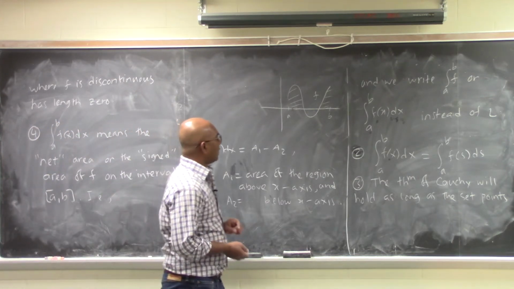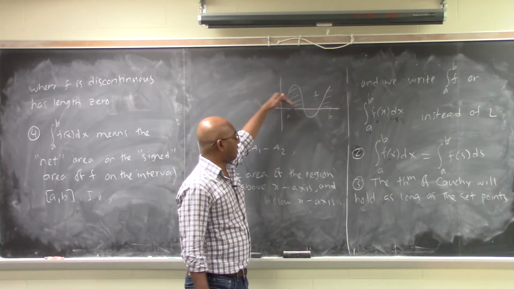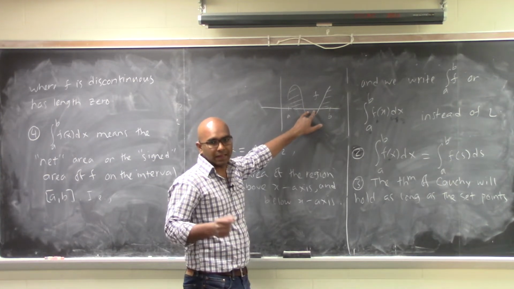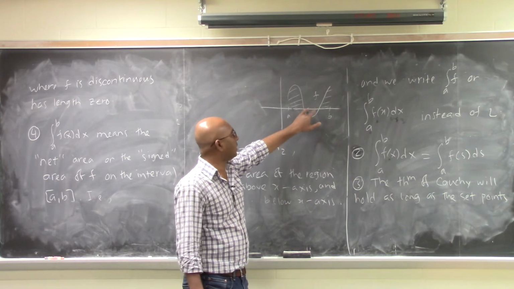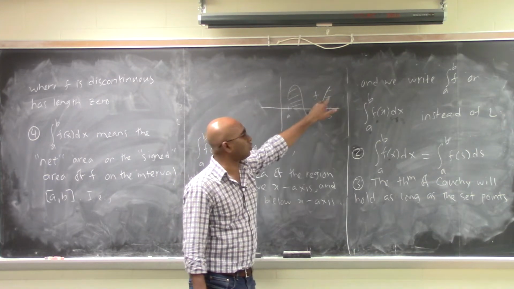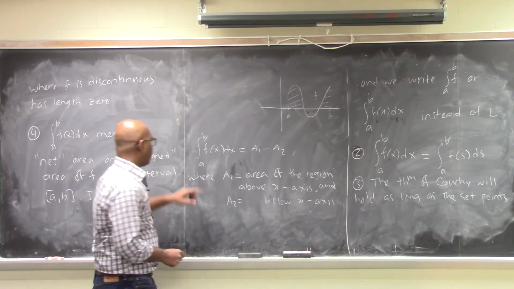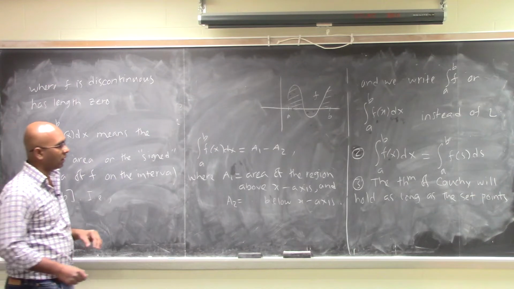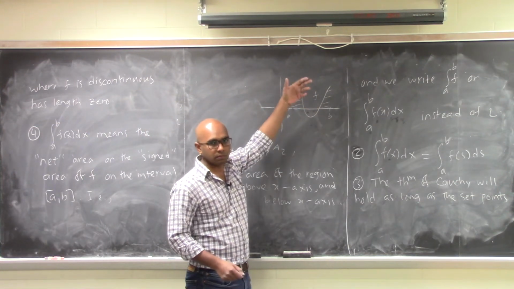Okay. Now, if you want to find the area of the region bounded by this function and the x-axis, then what you need to do is find this integration. That will be a negative sign, and then you need to take its absolute value, and then you add this to the area of those two pieces. That will give you the exact area. But if you integrate from a to b as a whole, that will actually subtract this area from those two.